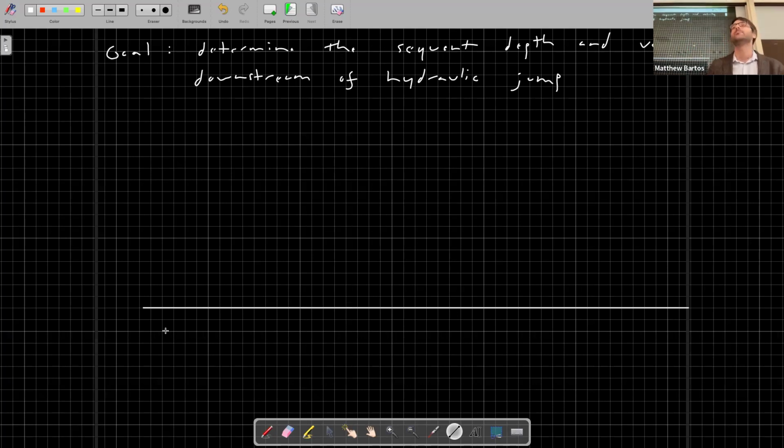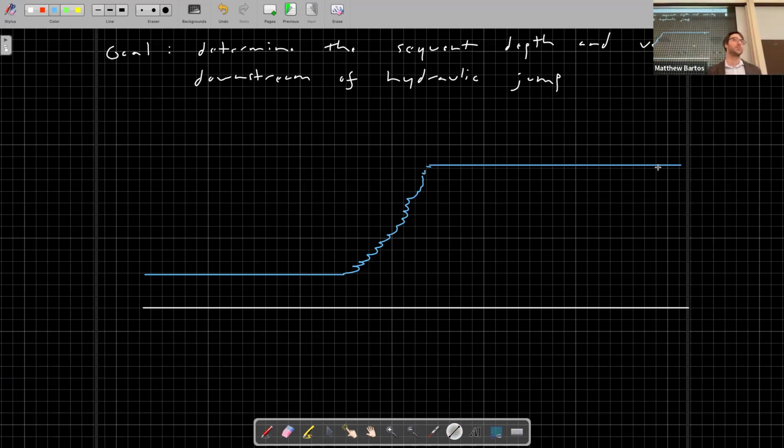By the way, before I get into this, why might we be interested in creating a hydraulic jump? Why might we be interested in installing energy dissipators to assist with the formation of a hydraulic jump? Yeah, so when we transition from supercritical to subcritical flow, what's going to happen to the velocity of the water?